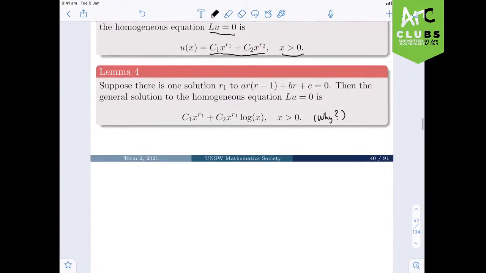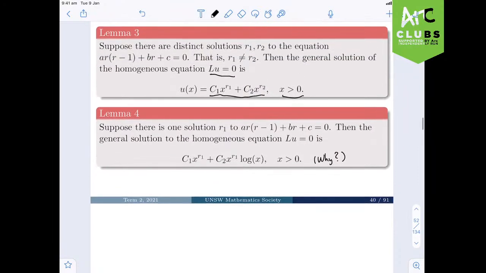Now, suppose that there is one solution instead. What if the indicial equation only has one root, say R1? Then the general solution to the homogeneous equation, Lu equals 0, is given by this: c1 x to the R1 plus c2 x to the R1 times log of x, for x greater than 0. Now I want to ask why. Why is this the case?